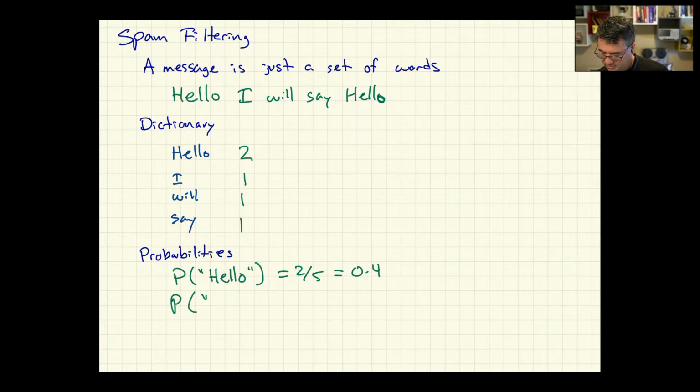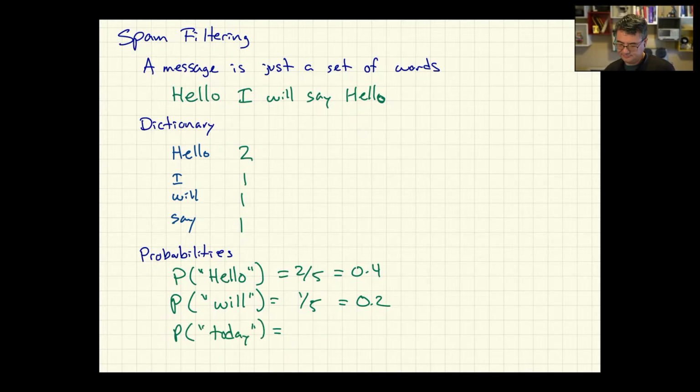What's the probability that a given word is the word will? 1 out of 5, and it's the same for the rest, 0.2. What's the probability that a given word is the word today? 0 out of 5. The word today does not exist in its vocabulary at all.